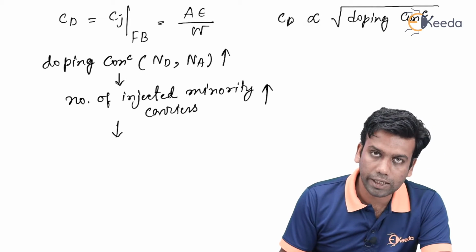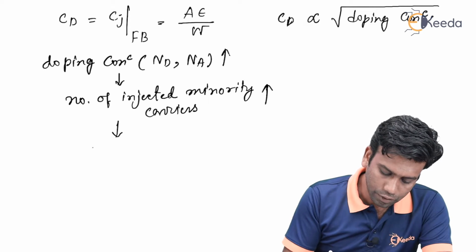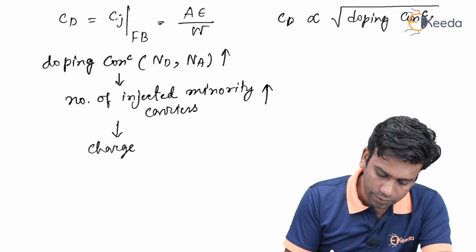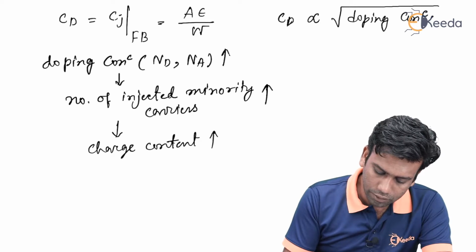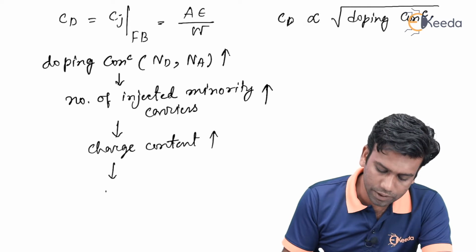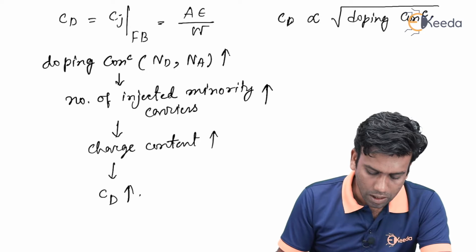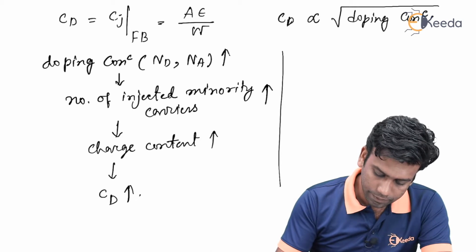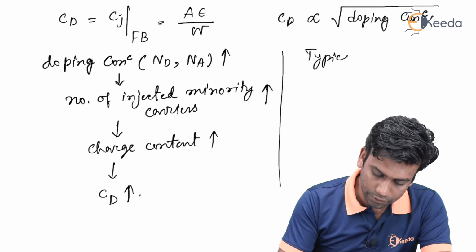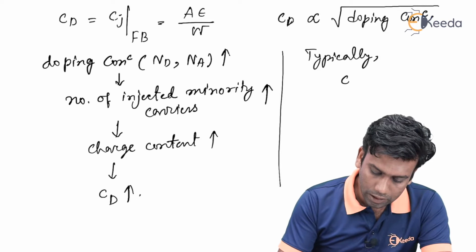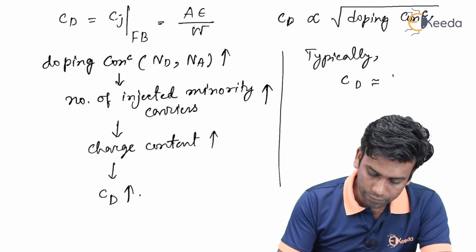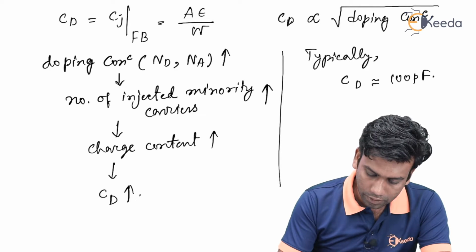That is why the capacitance value or the charge content will also increase, which in turn increases the C D value. Typically, the C D value is of the order of 100 picofarad.